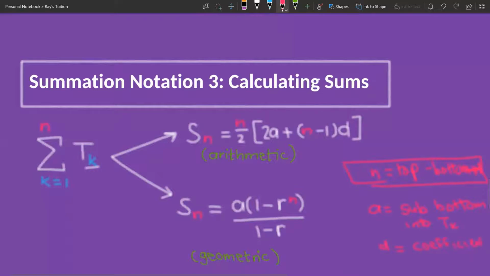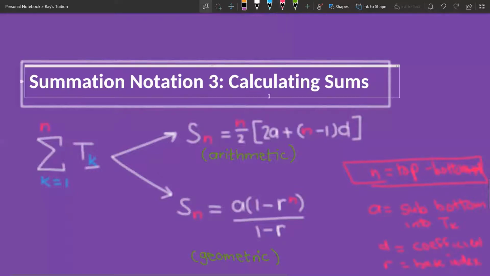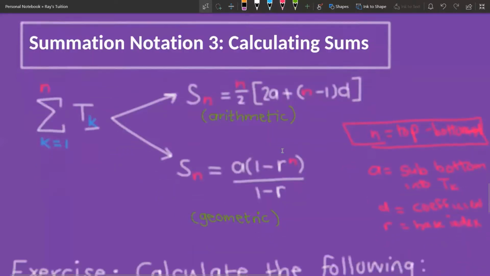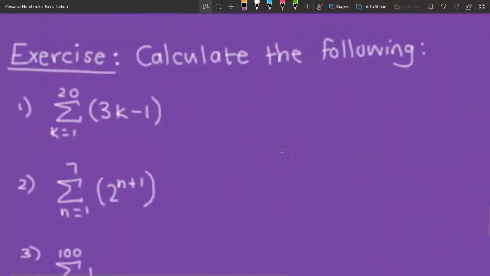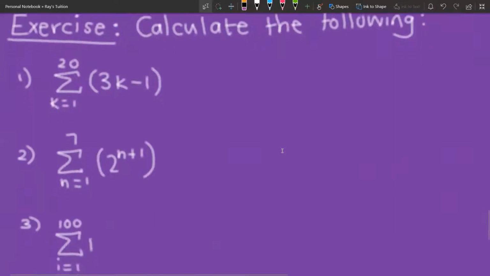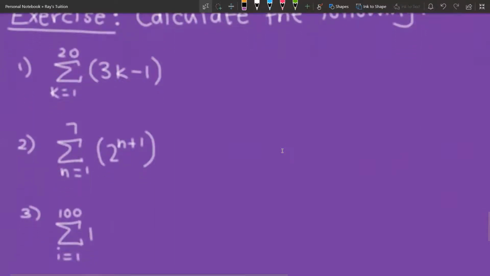And to determine what R is, it's the base of our index. So one is a linear function of the index and the other one is an exponential function of the index. The base is the R and the coefficient is the D.